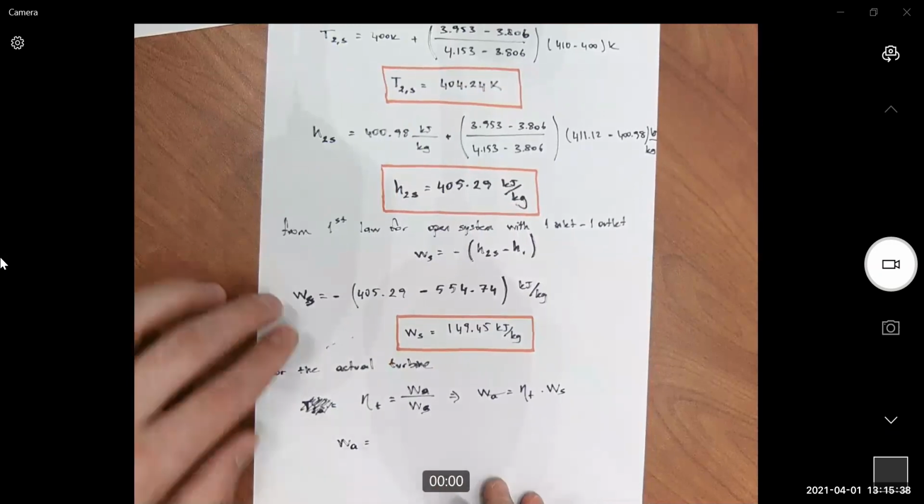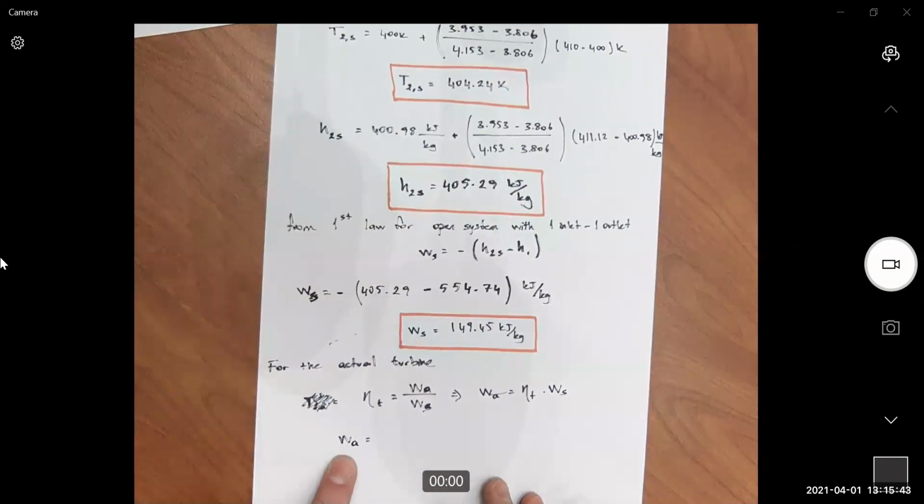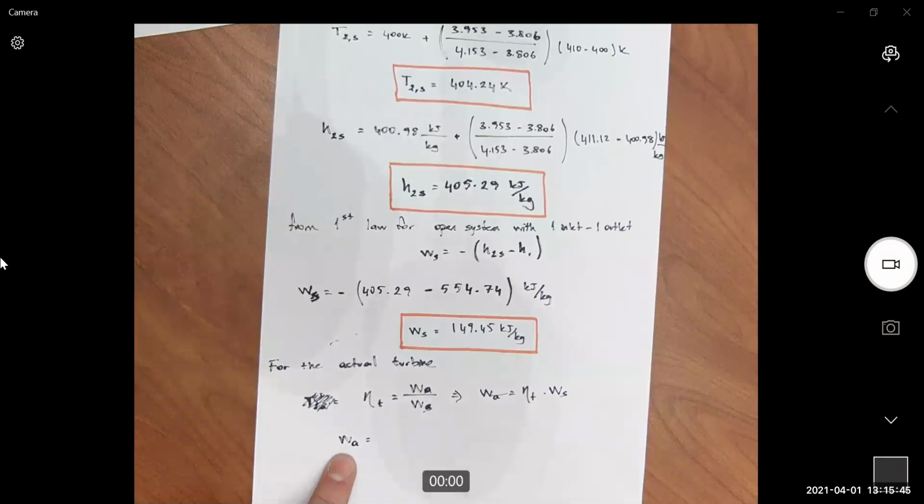And from the first law for an open system, one inlet and one outlet, actual work is what? Minus delta H, right? After eliminating kinetic energy, potential energy, and Q, because it's insulated, Q is 0.